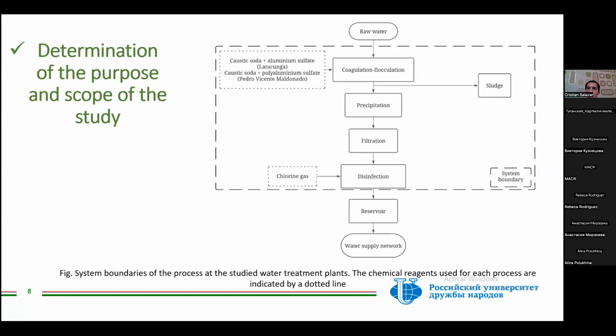Therefore, only coagulation, flocculation, and disinfection processes were considered for the assessment.